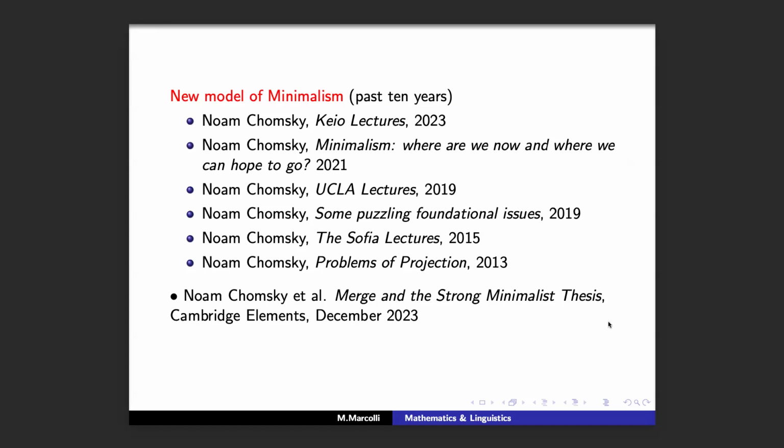I'll go into the specific definitions and details in a moment, but I first want to give a very quick bird's-eye view of what this is about. This is essentially what happened during the last 10 years.